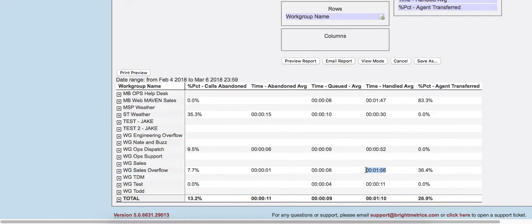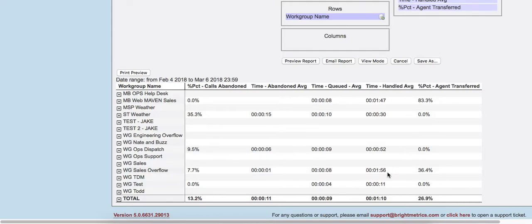Compared to some other groups, this could potentially be a very low handle time, and the percentage of calls that agents are transferring out to another group or to another agent is pretty high. 36% is pretty high. What that tells me is potentially we've got a training issue here, right?